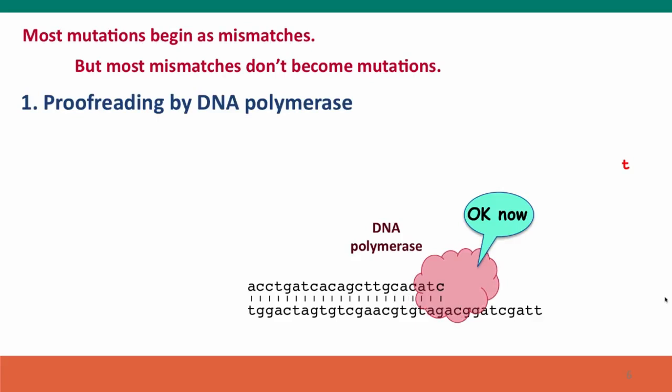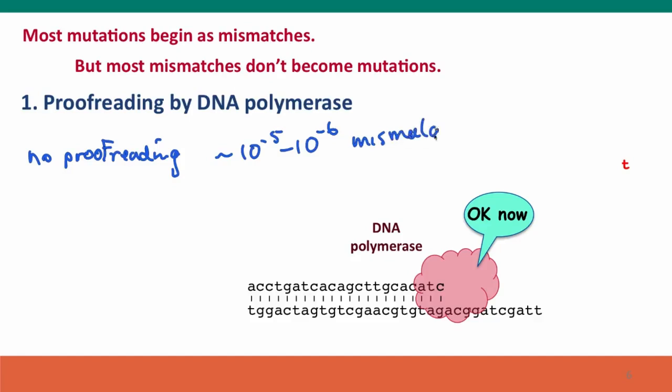So in the absence of proofreading, the error rate is about 10 to the minus 5 to 10 to the minus 6. So that's mismatches per base pair. That's about 1 in 10,000 to 1 in 100,000 base pairs is the wrong base.